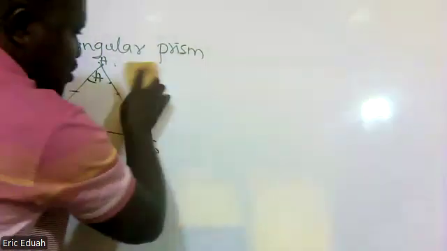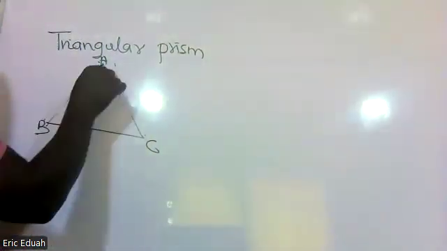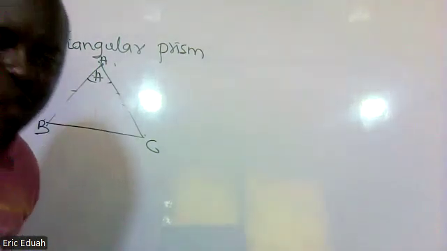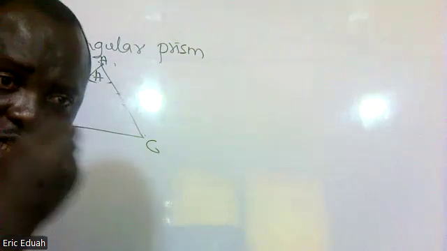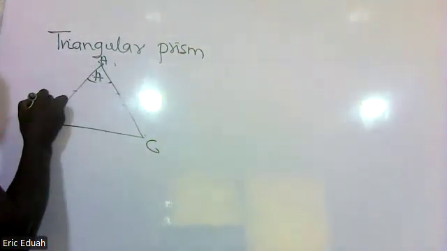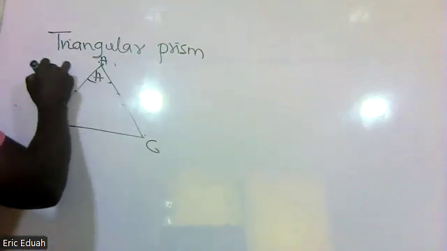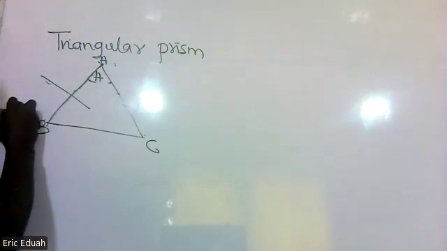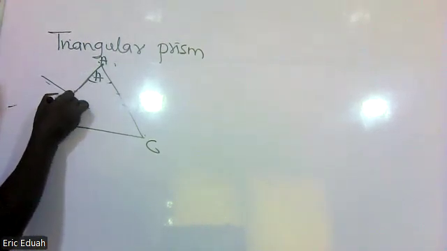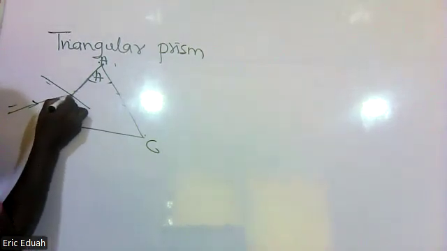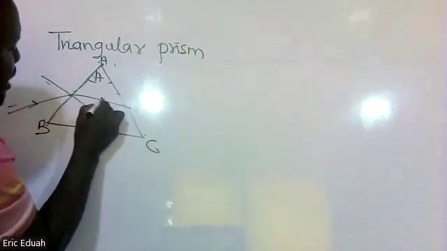And because of this unique feature, the triangular prism is used for separating the white light, or visible light, into various components. So when light is incident, if there's a normal to the side AB and you incident light at AB, it will deviate here.